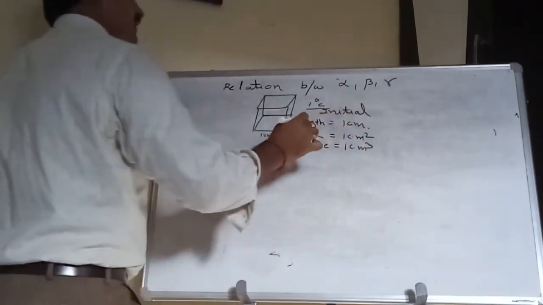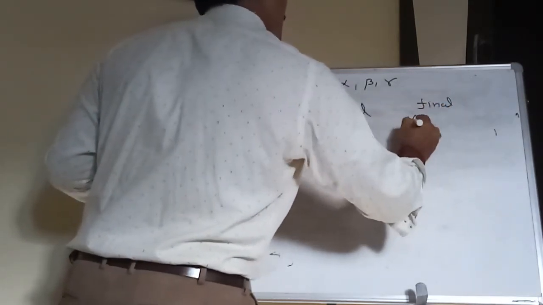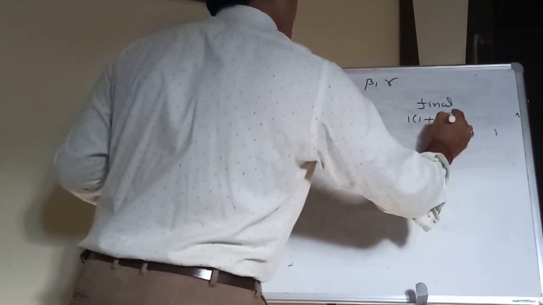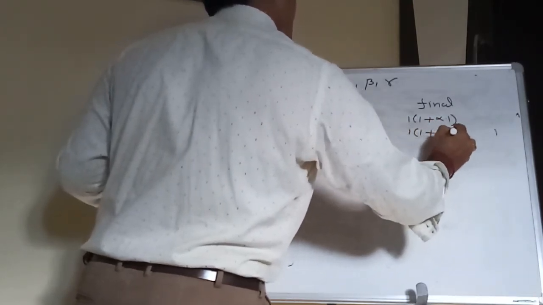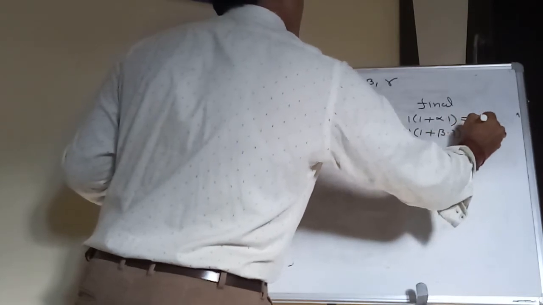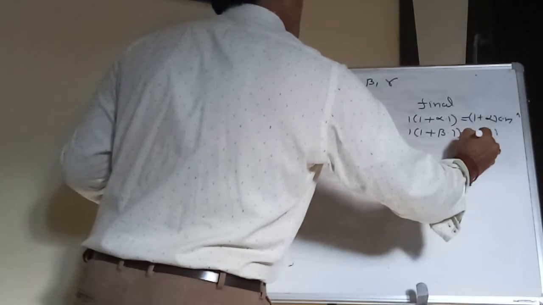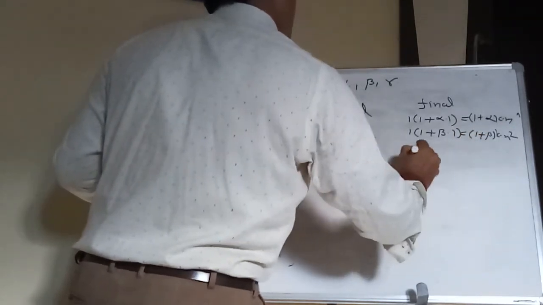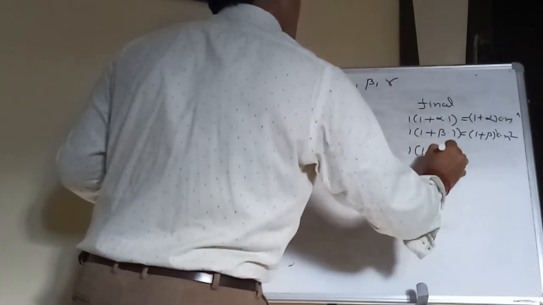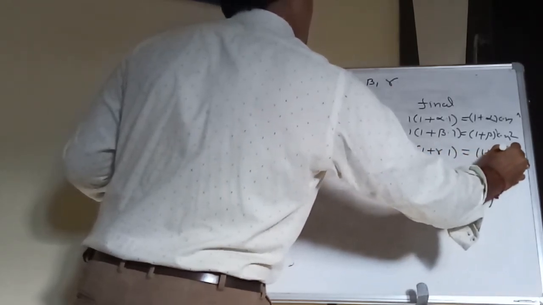After raising, the final is 1 into (1 plus alpha) into 1 into (1 plus beta) into 1, that is equal to (1 plus alpha) centimeter, (1 plus beta) centimeter square, and 1 into (1 plus gamma), (1 plus gamma) centimeter cube.